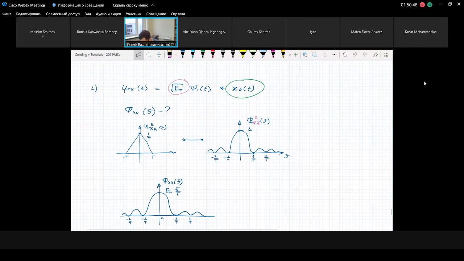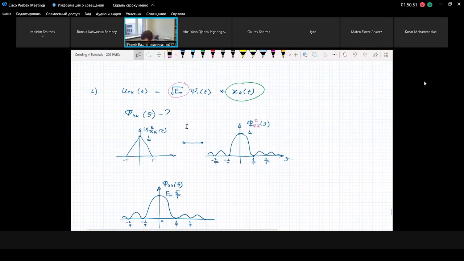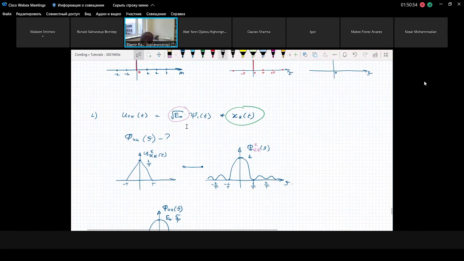What we calculated was the Fourier transform, or simply speaking, actually I did something slightly different. I calculated the autocorrelation function for the pulse shape. I also have the autocorrelation function for the sequence x delta. And then I know that if I want to find the resulting autocorrelation function, it will be the convolution of these two parts. And then, instead of calculating the Fourier transform of the convolution, I will find the power density.